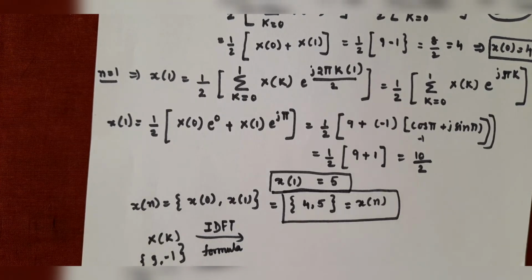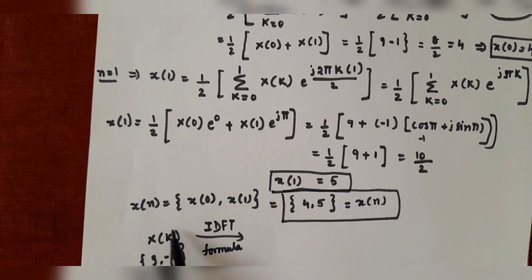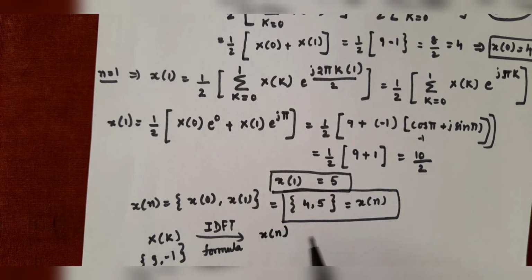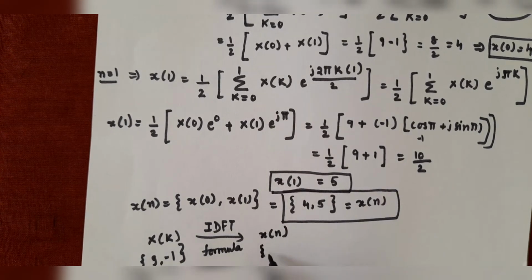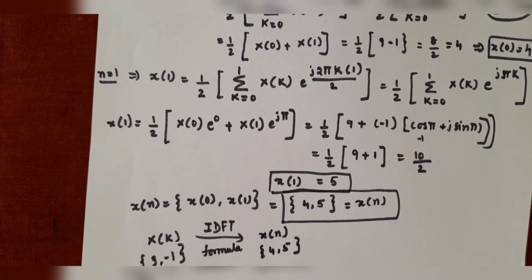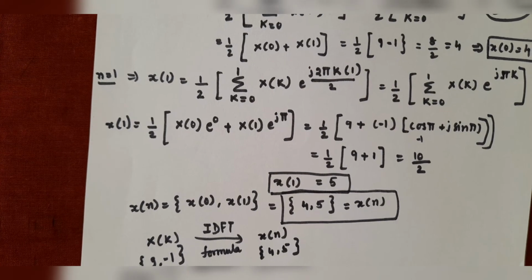X of n is equal to 1 by capital N summation k is equal to 0 to n minus 1 capital X of k e to the power j 2 pi k n by capital N. So, X of k is given. You have computed small x of n, the discrete time sequence, which is coming to be 4 comma 5. I hope the class is clear to you.